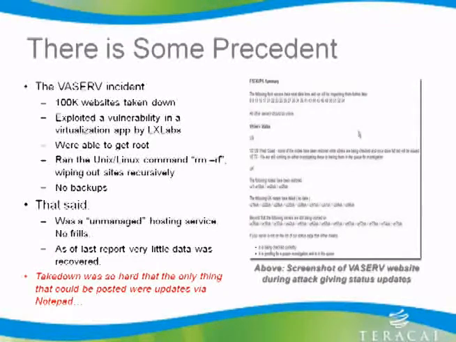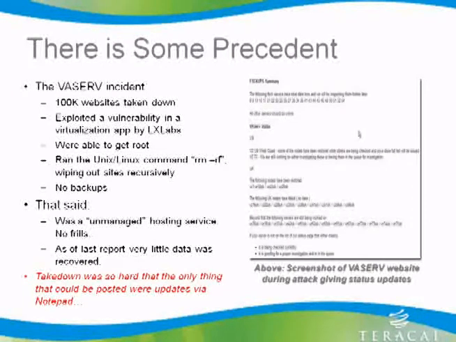There's one you might have heard of in 2009 called the VAServer incident. So VAServer was a company in Europe that offered very economical virtual hosting of websites and various applications, and it was based on a Linux platform, and there was a vulnerability in a virtualization application that was built by a company called LXLabs.